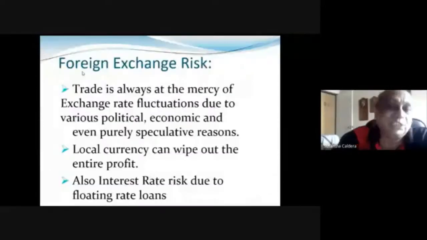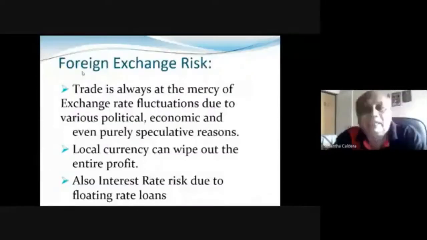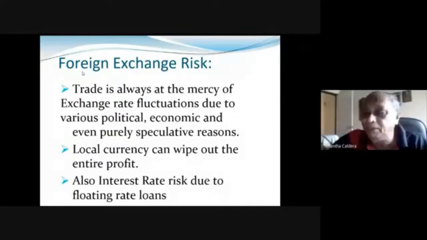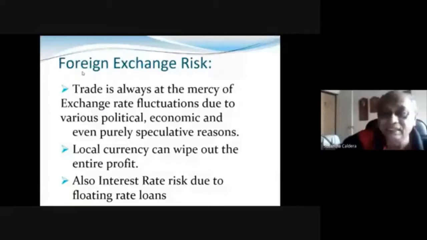Then foreign exchange risk. Trade is always at the mercy of exchange rate fluctuations due to various political, economic, and even purely speculative reasons. By the time we open the LC, the rate could be 180 per dollar. By the time we receive the documents for the payment after 2 months, the rate might have gone up to 185, right?